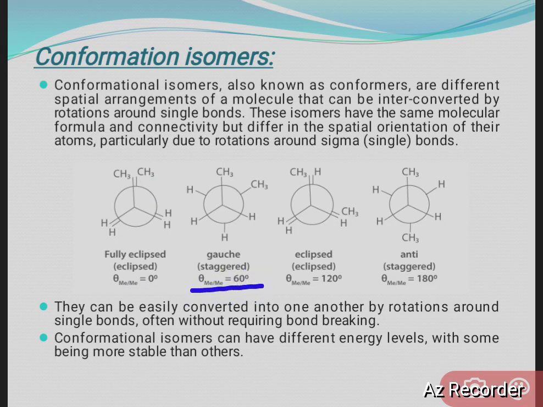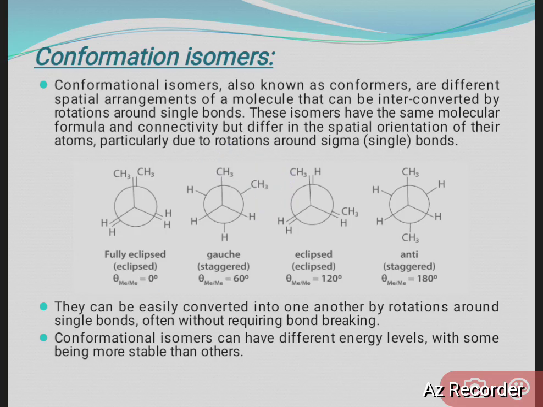This is termed a gauche or staggered structure. If one atom is exactly behind the other, that is the eclipsed one. If one is present at an angle of 60 degrees to the other, it is termed the staggered one.